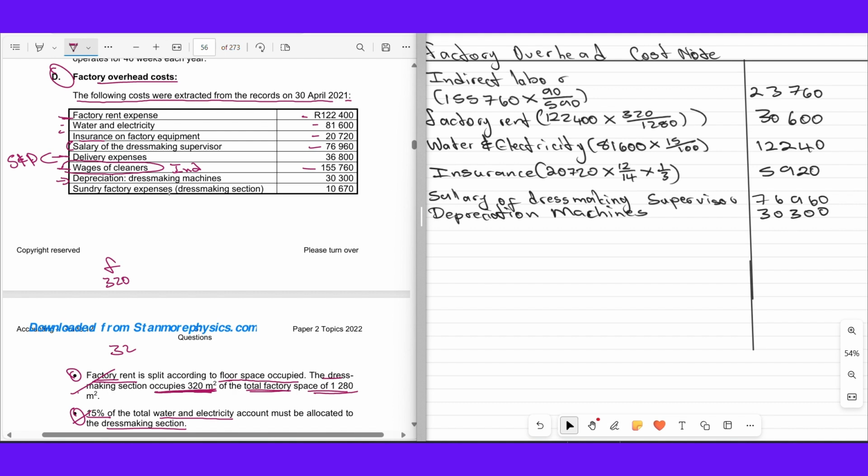Then we have sundry expenses on dressmaking. So you can just write sundry expenses. How much is it? 10,670. Then we do the workings.